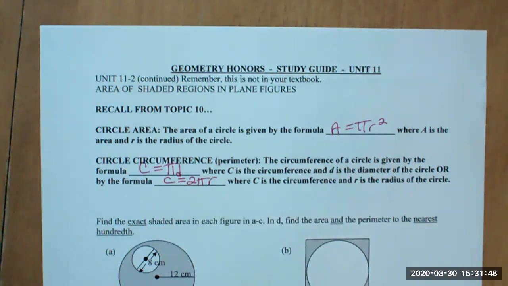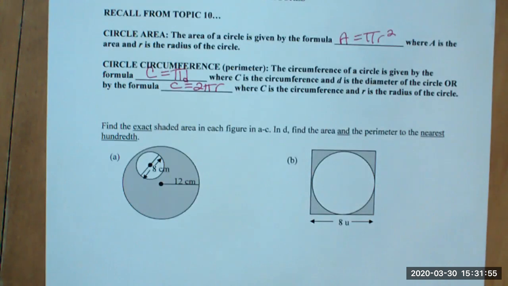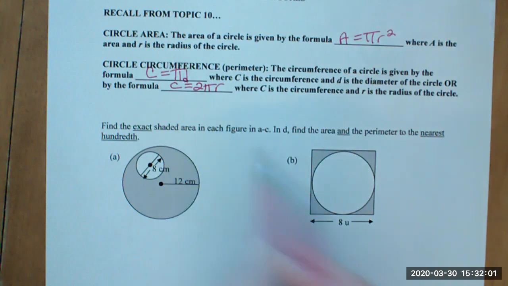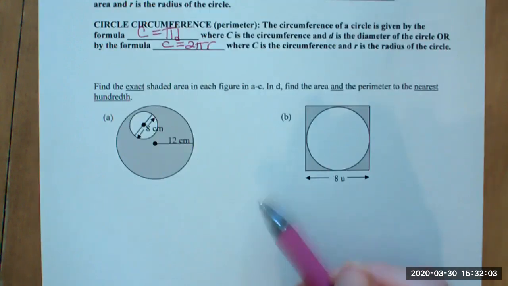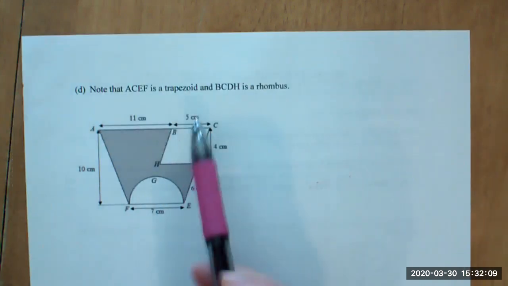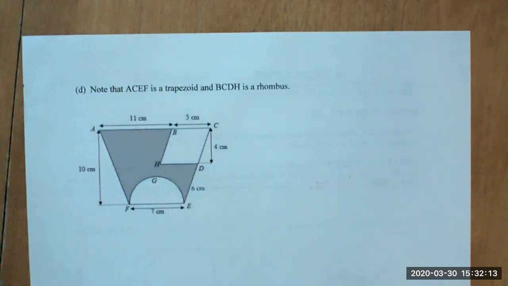Okay, so we're going to look first at some relatively simple diagrams, where we find the exact shaded area in each figure in A through C. Then for the diagram on the second page of this note guide, we'll look at not just the area, but also the perimeter of the shaded region.